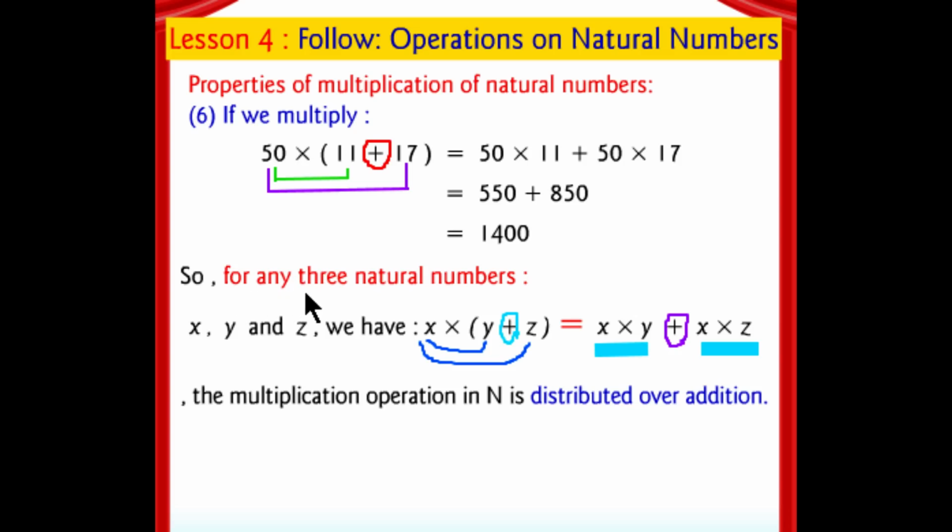So for any three natural numbers x, y, and z, we have x times y plus z between two brackets equals x times y plus x times z. The multiplication operation in natural numbers is distributive over addition.